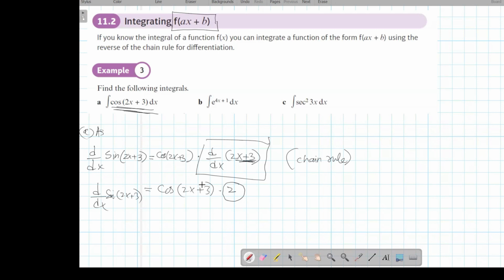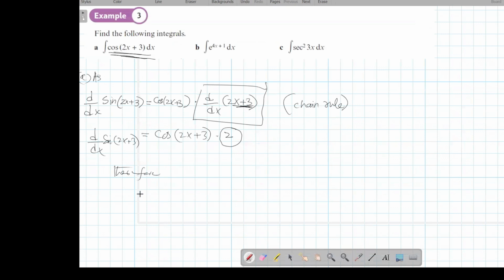So what you will do is say that the antiderivative of cos 2x plus 3 will be, because this 2 is missing, you will divide by 2 outside and give 2 inside, like this.